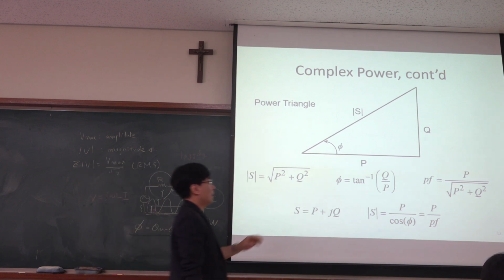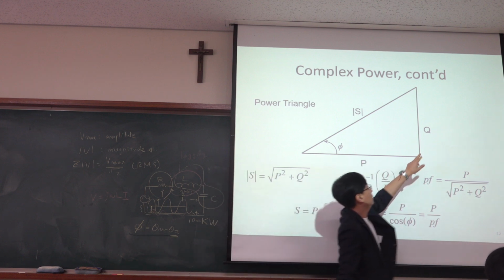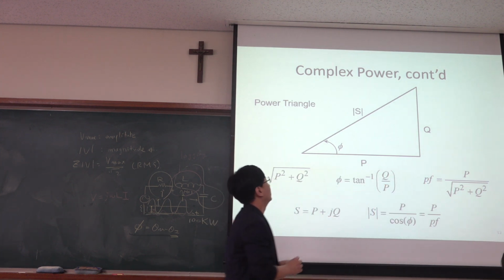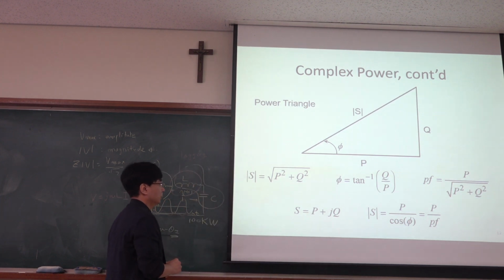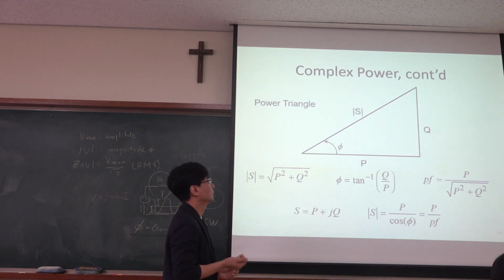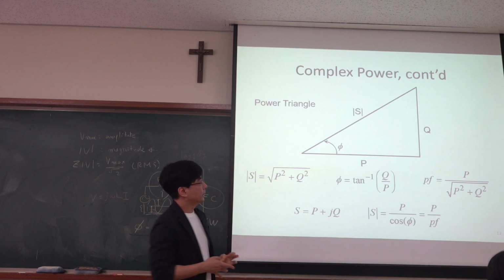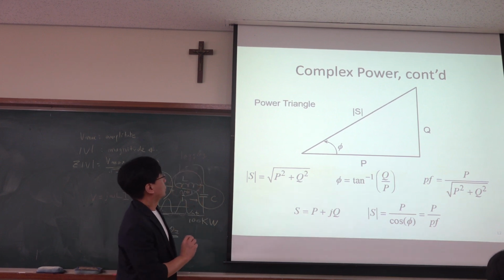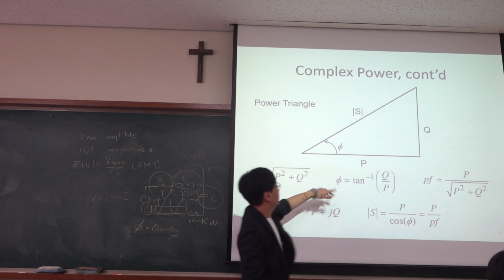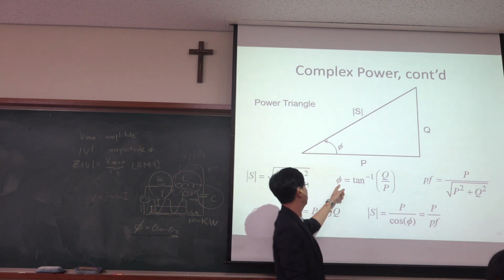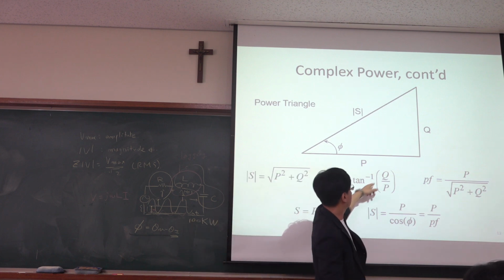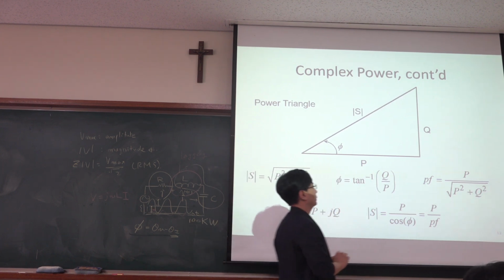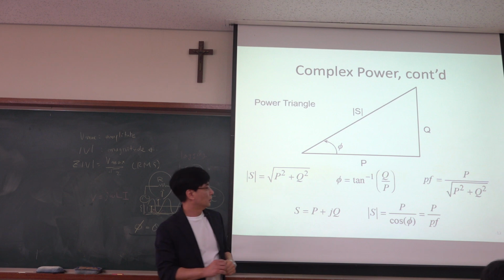So for positive real power and positive reactive power, this phi is positive. So the magnitude is like that. Is it phi or pi? It is always confusing anyway. Phi, pi, etc. So the arctangent of that.